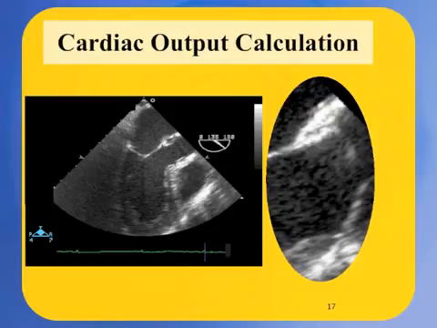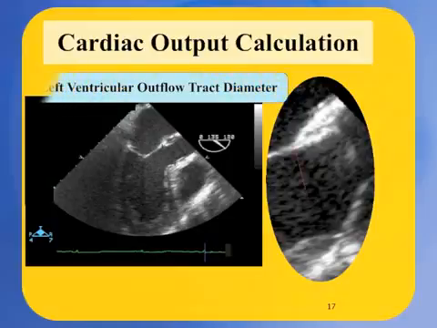Measurement of the left ventricular outflow tract diameter is conducted in the mid-esophageal aortic valve long axis view at 100 to 120 degrees. The LVOT is measured within 1 centimeter of the aortic valve with the walls parallel and the valve open.